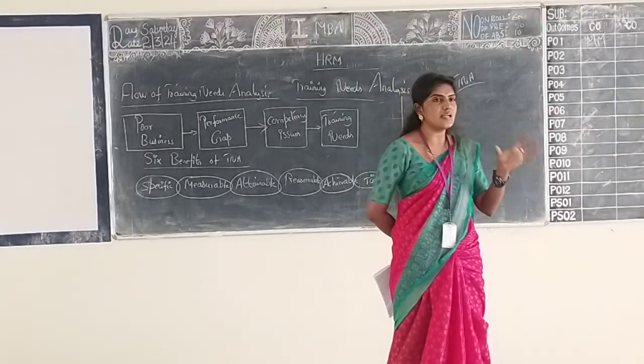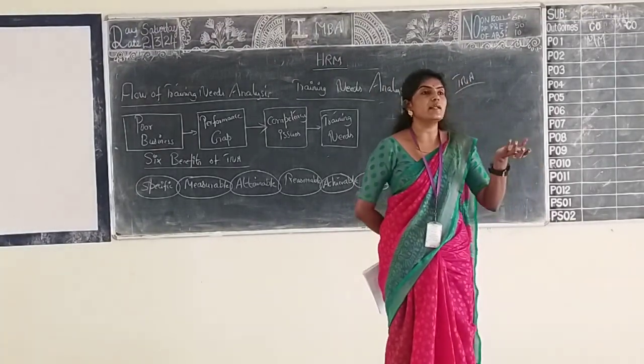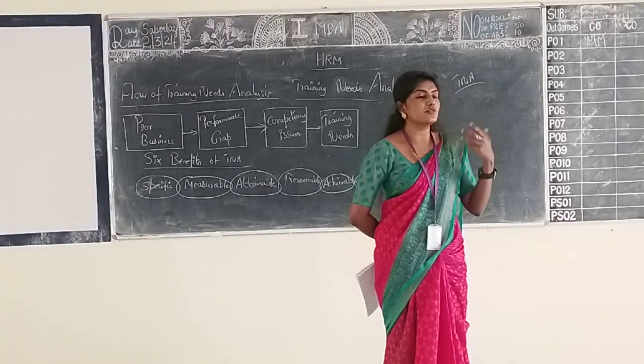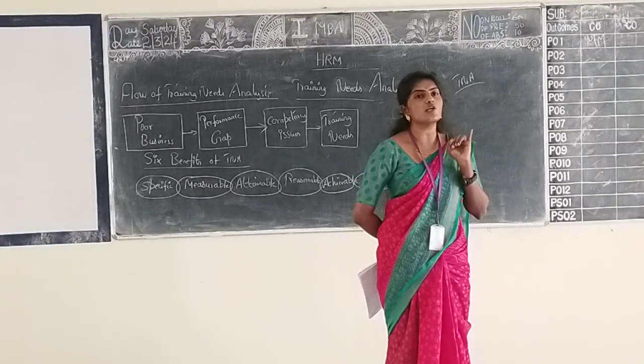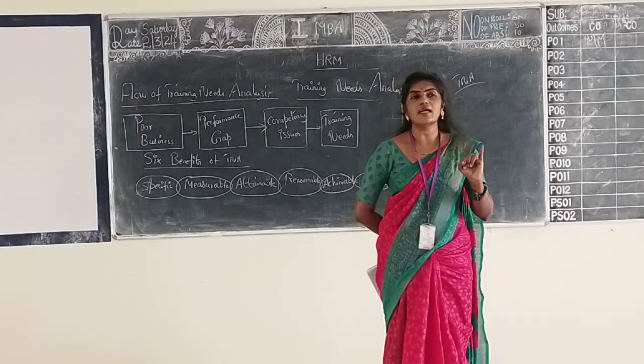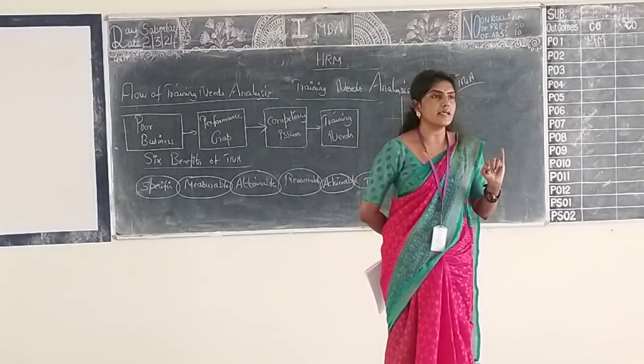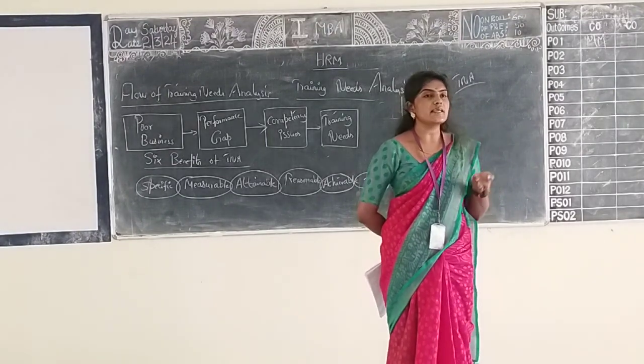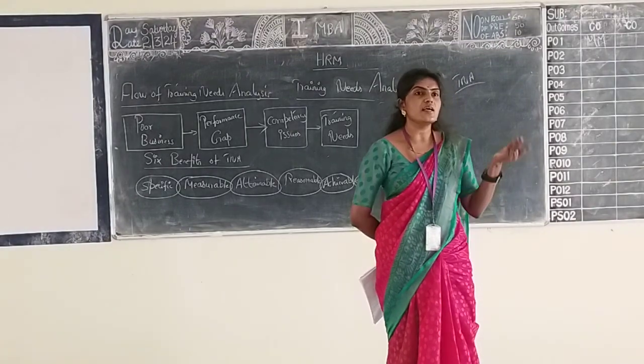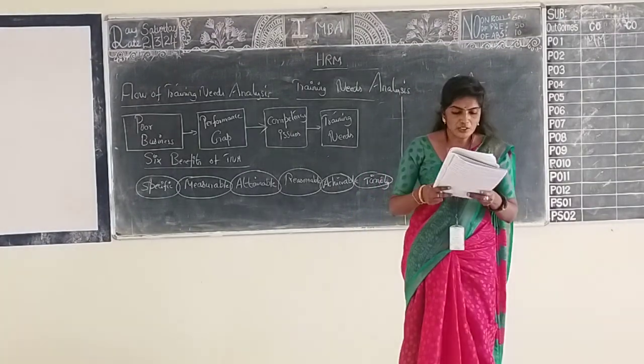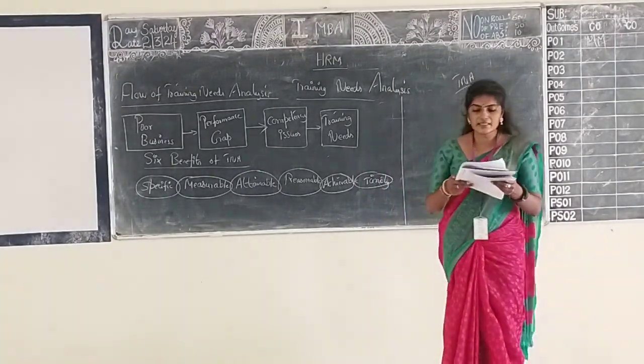Organizational level: you have to analyze the SWOT analysis. That is the first, organizational analysis, based on the SWOT analysis. You have to analyze the strengths, weaknesses, opportunities and threats. Next, the second one is the task analysis.